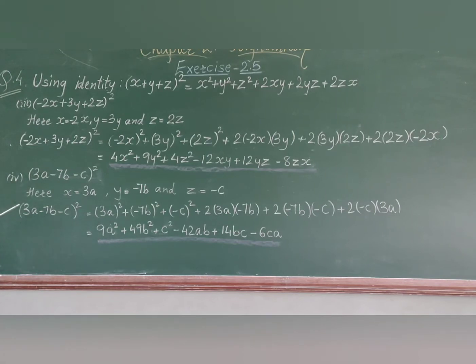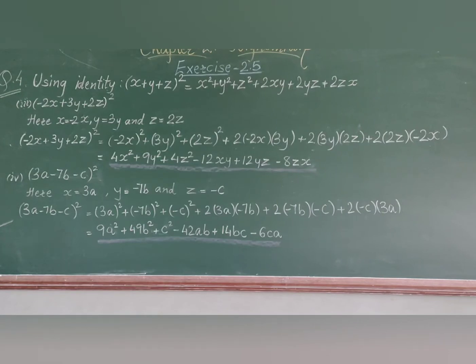Again we can see that one positive, one negative, so when we multiply our answer will be negative only, that is 2 3s are 6 and 6 into minus 7, that is minus 42ab. Plus, again we will get plus because both are negative. When we multiply two negatives it is positive, so 2 into 7, that is 14bc.